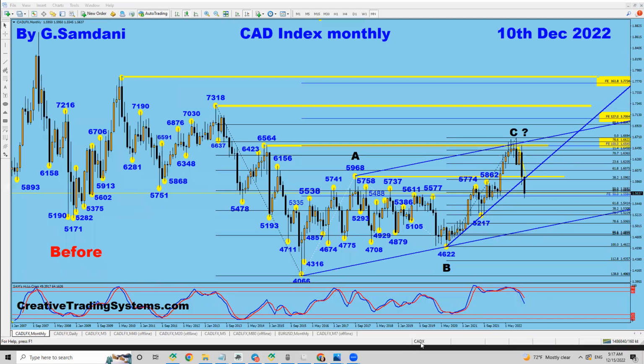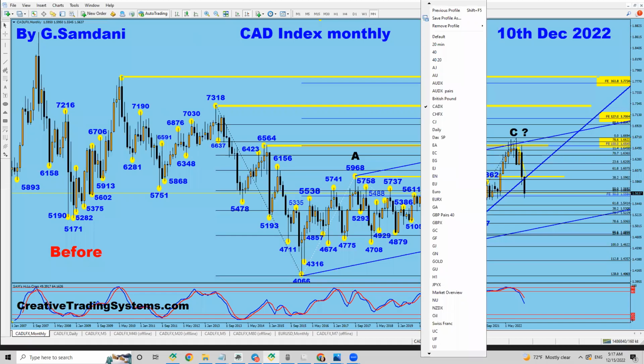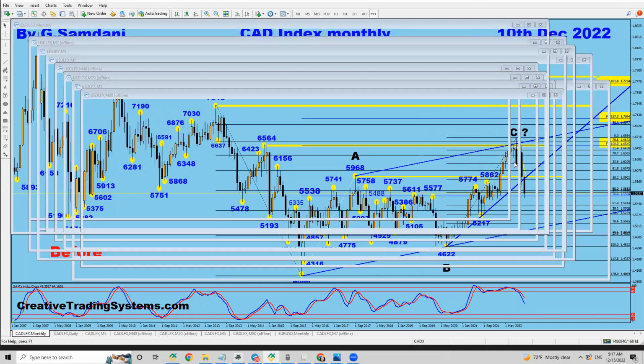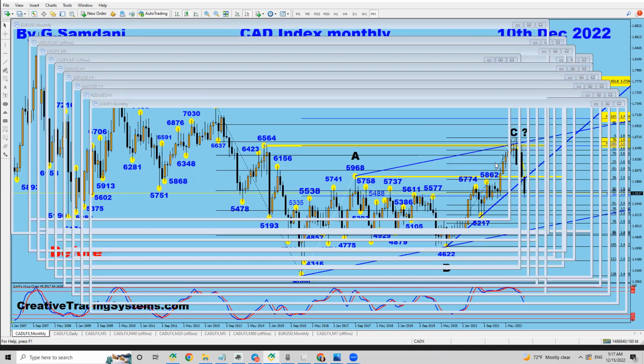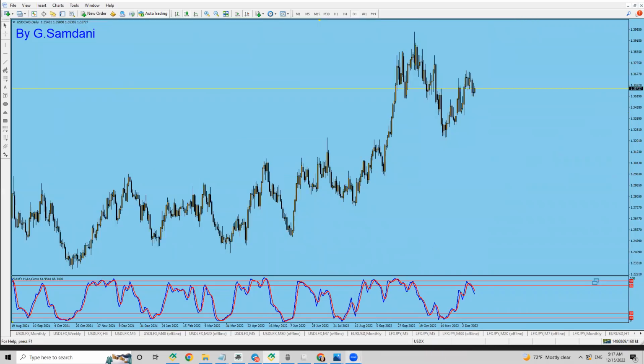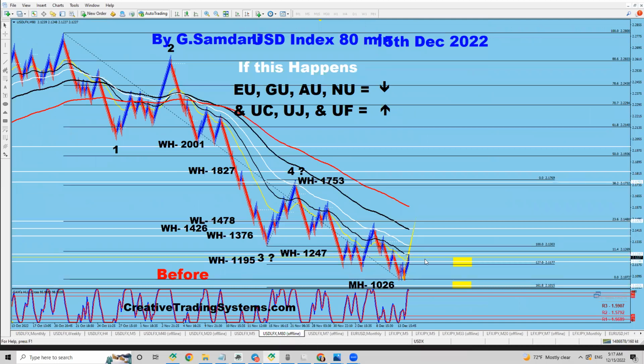Let me go back again. I'll redo the chart and send it out. And I showed you pound is getting strong, CAD is getting strong. So I'm going to show you some very beautiful charts of the CAD involved here. So this is the USD index. It's going up now, slowly, right?